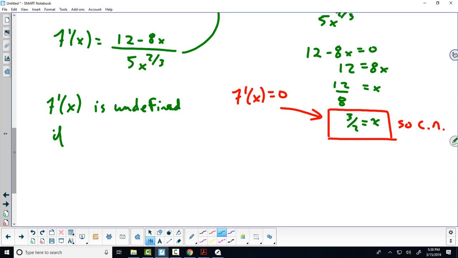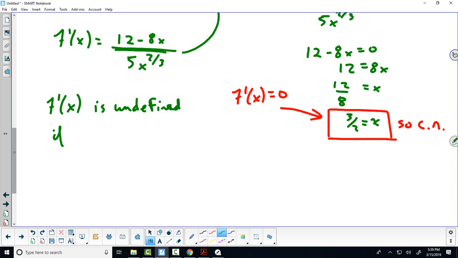There's nothing wrong with taking the 2/3 power of any type of number. I can take 0 to the 2/3, I could take 8 to the 2/3, I could take -8 to the 2/3. So that's not a problem. What is a problem is the operation of division. So we need to make sure we don't divide by 0. Okay? So when would we divide by 0?